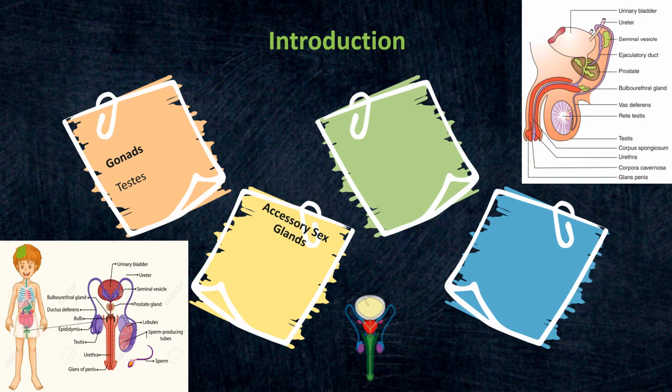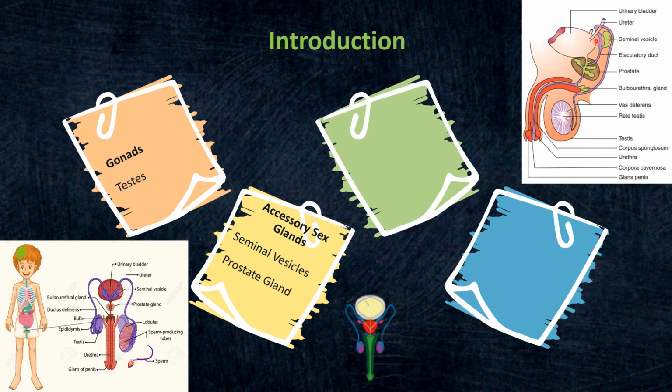Accessory sex glands. Seminal vesicle: there are two lobulated glands which are located on either side of the prostate, between the urinary bladder and the rectum.